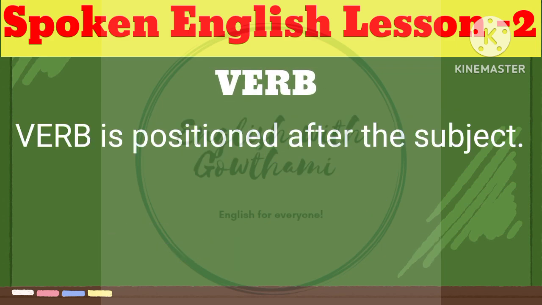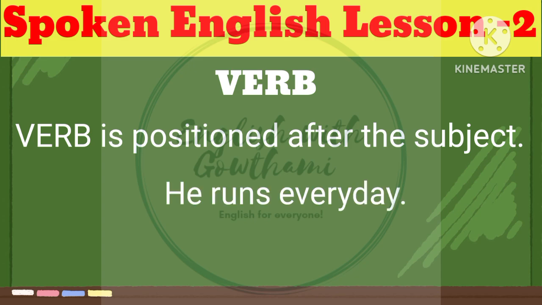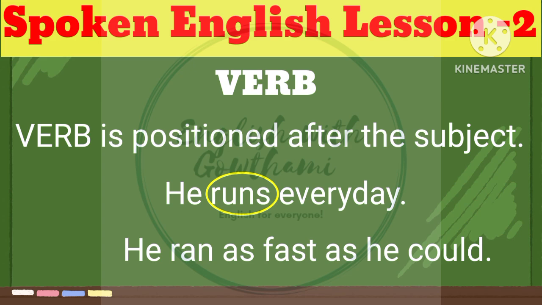A verb is placed after the subject. For example, he runs every day. Runs is the verb and he is the subject, right? So a verb is placed after the subject. He ran as fast as he could. Here ran is the past form of run, right? It is a verb.